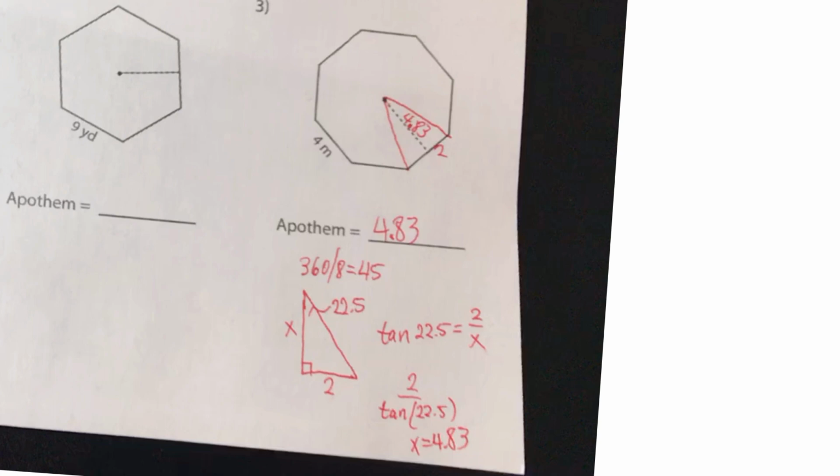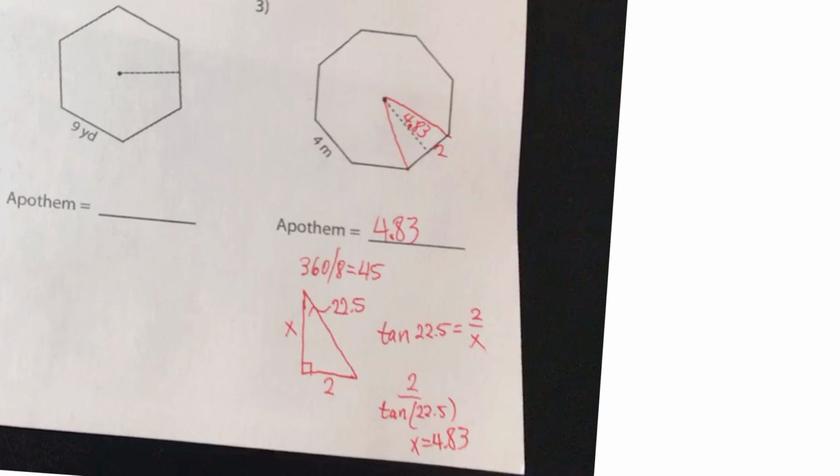So it's an octagon, so we're going to do 360 divided by 8, which is 45. So this angle from here to here is 45. Okay, good. So this angle right here is 22.5. And if each side is 4, how far is it going to be from here to here? It's going to be 2.